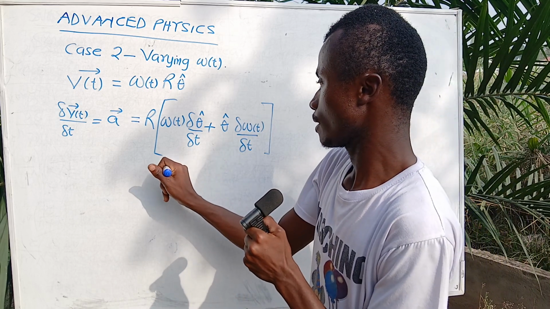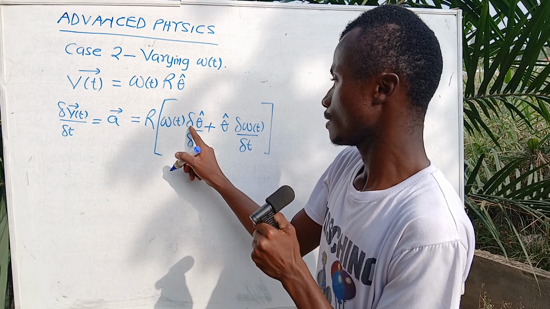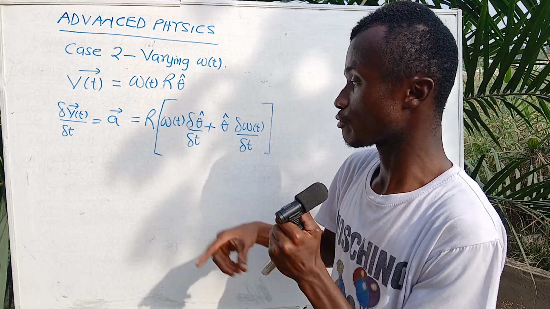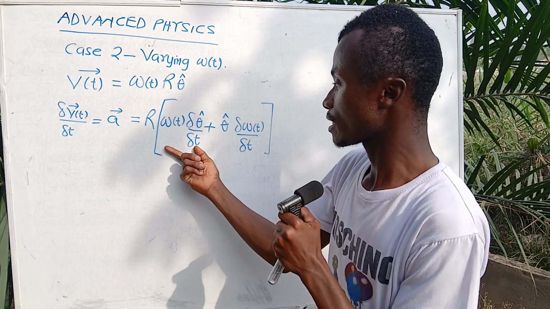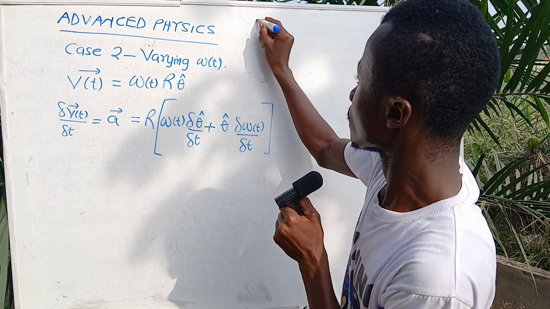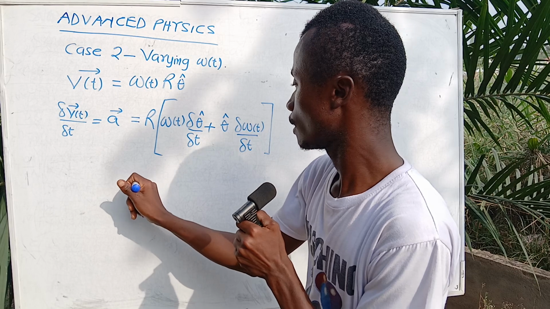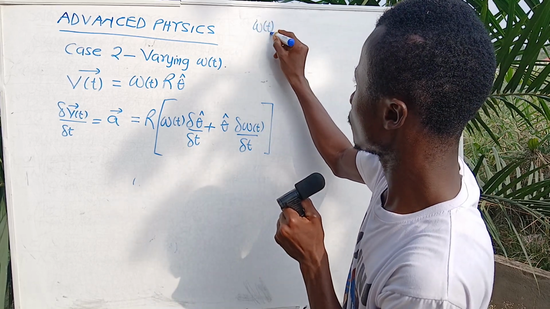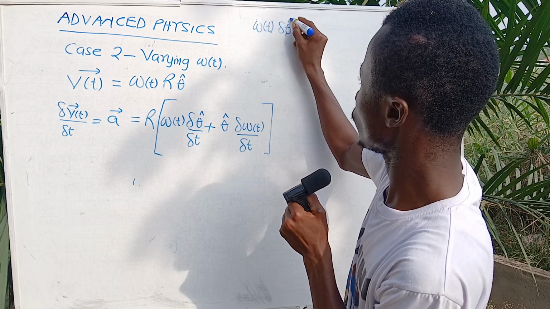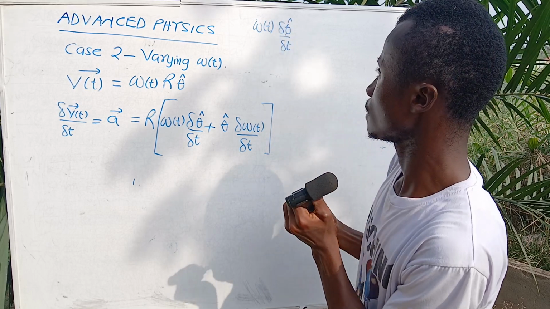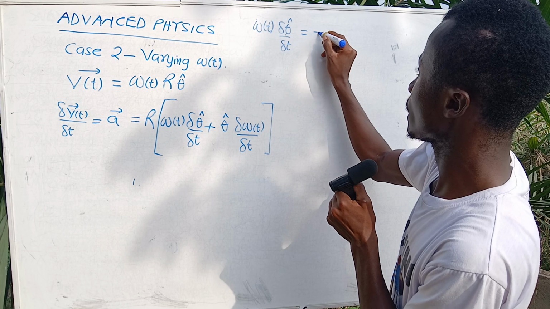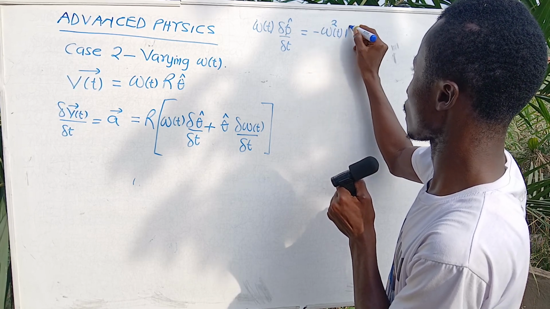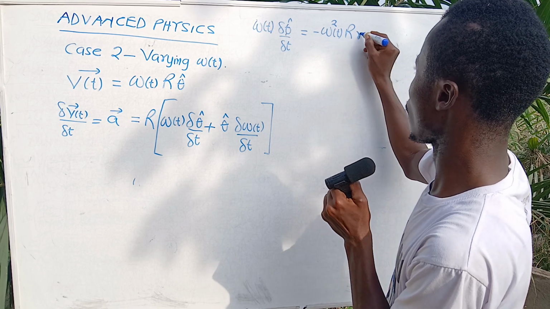This quantity, omega of t times d theta roof dt, we can recall to be the centripetal acceleration. So let us expand this. Omega of t, d theta roof dt is equal to negative omega of t squared times r in the direction r roof.